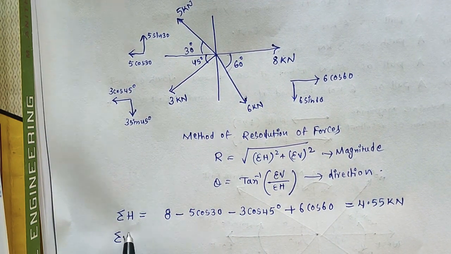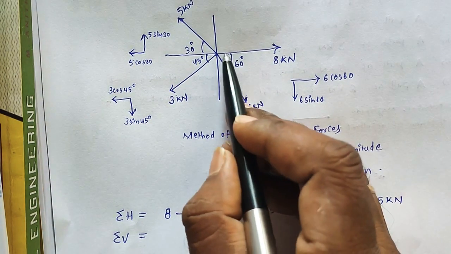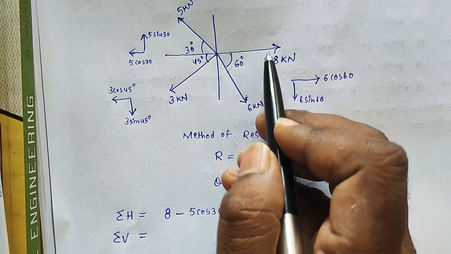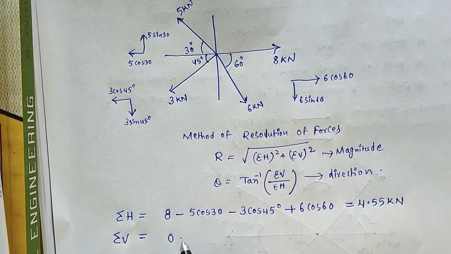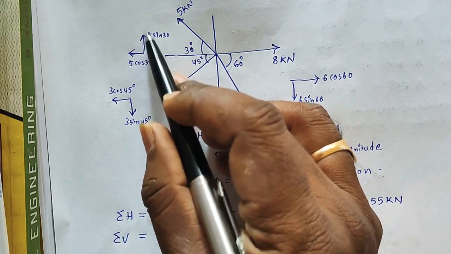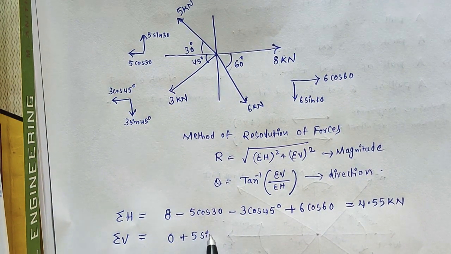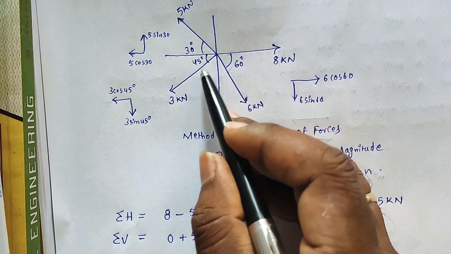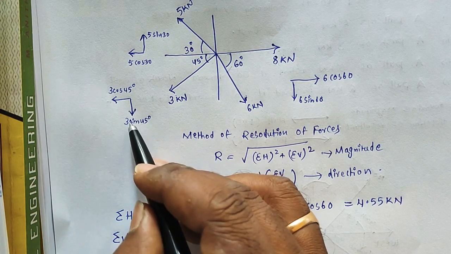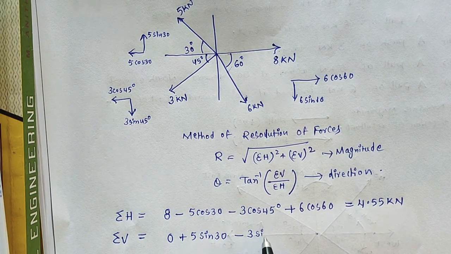After that, sigma v, the algebraic sum of all the vertical components. First force, 8 kilonewton: it is a horizontal force, so it is not going to have a vertical component. That's why 0. For 5 kilonewton, we have vertical component 5 sin 30 and it acts in the positive y direction, so plus 5 sin 30. For 3 kilonewton, the vertical component 3 sin 45 acts in the downward direction, that means negative y direction, so minus 3 sin 45.